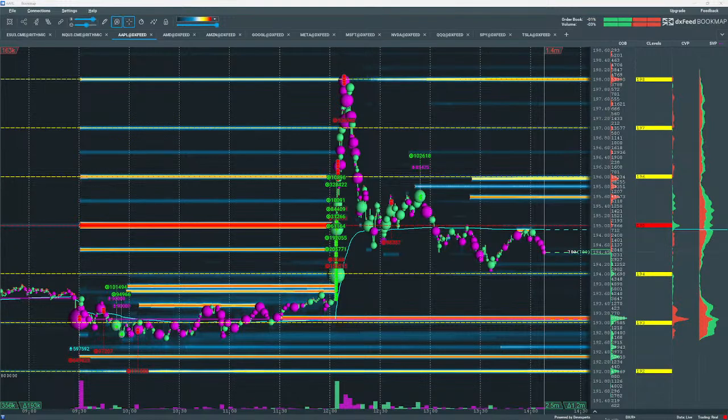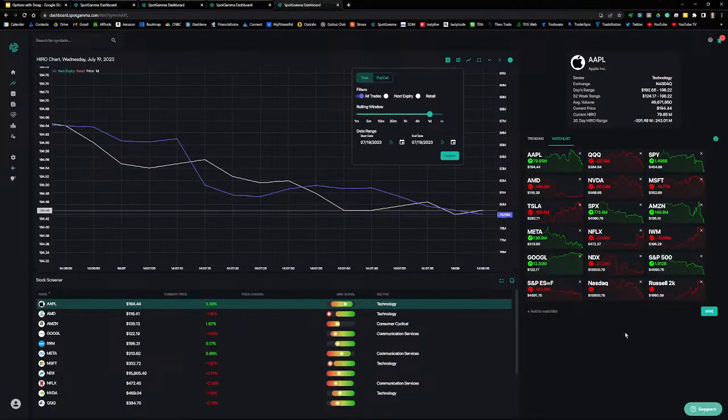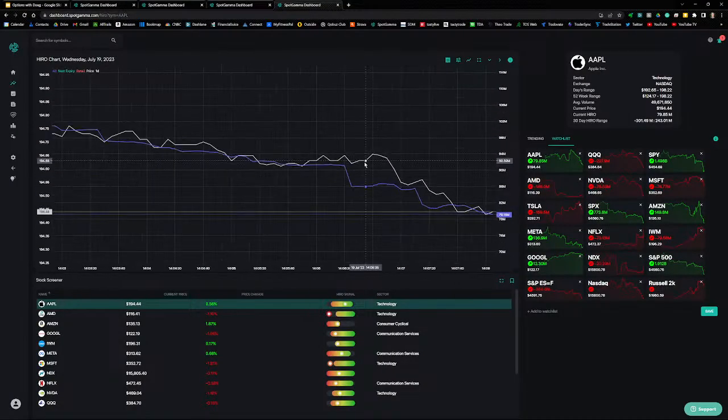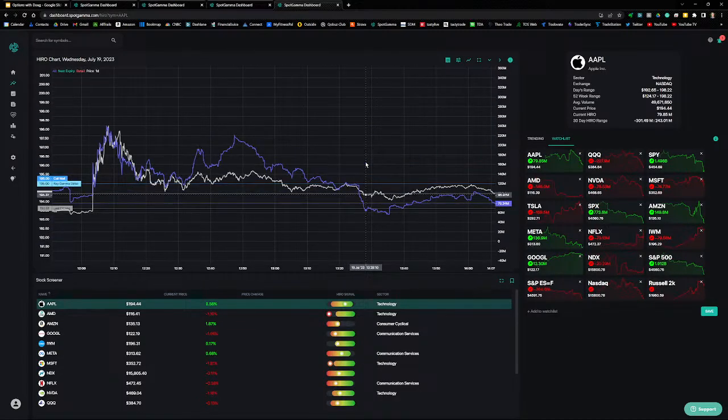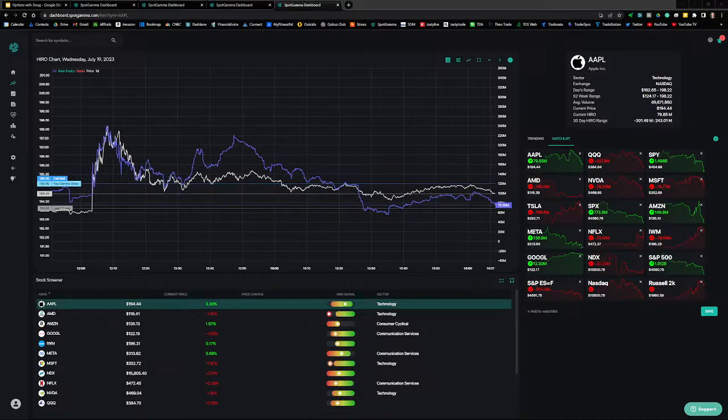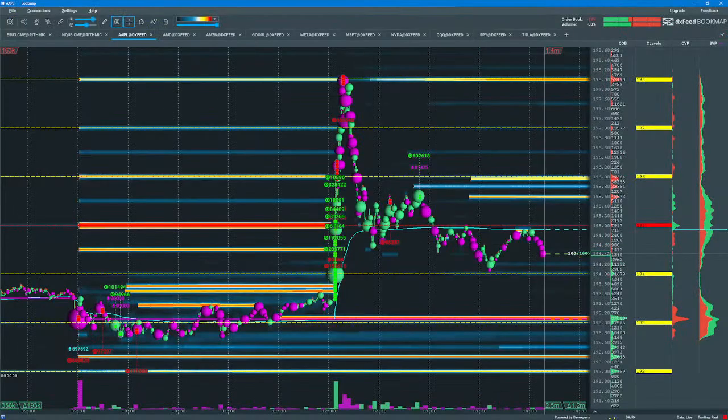Well, let's just go back and take a look at Hero. And note that 195 is the call wall and the key gamma strike. So price jumped up above that level and now is trading just below it. Let's go back to Bookmap. So 195 is the call wall, key gamma strike.